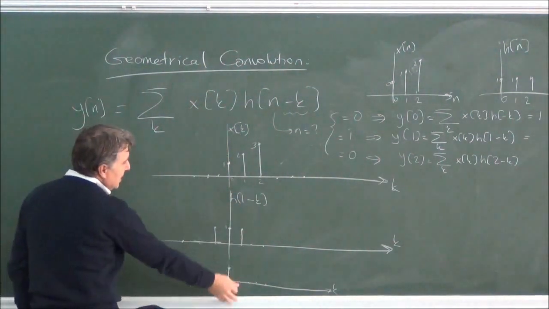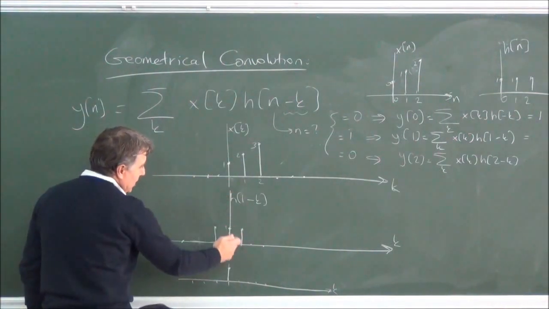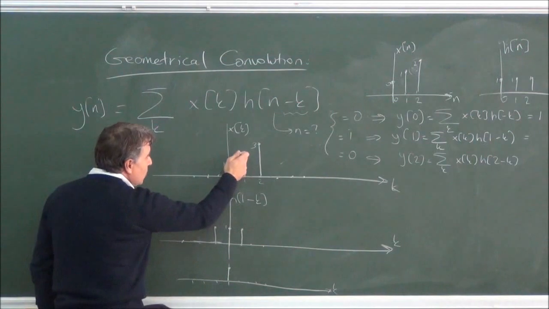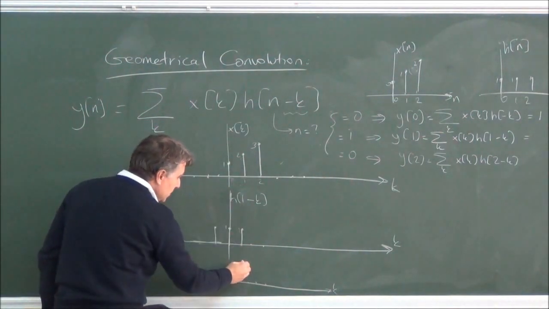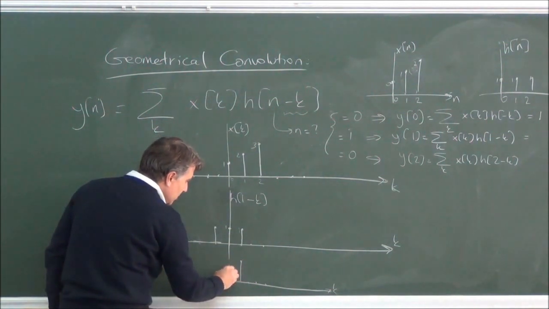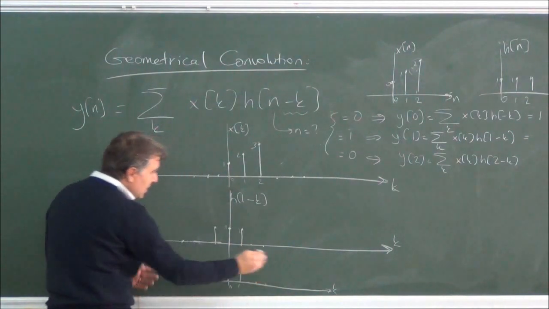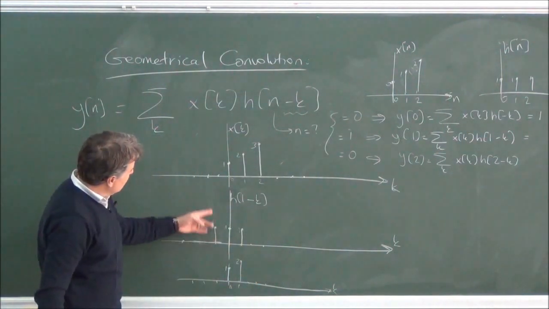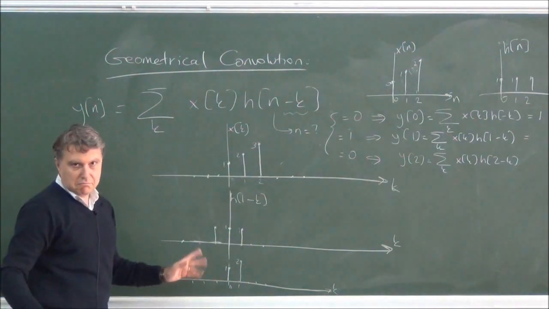What is the multiplication of these two? 1 times 1 is 1. There's also 2 times 1 here, which gives you a 2. So this is 1, this is 2. The others are zeros, because this is multiplied by 0. This 3 is not multiplying anything.